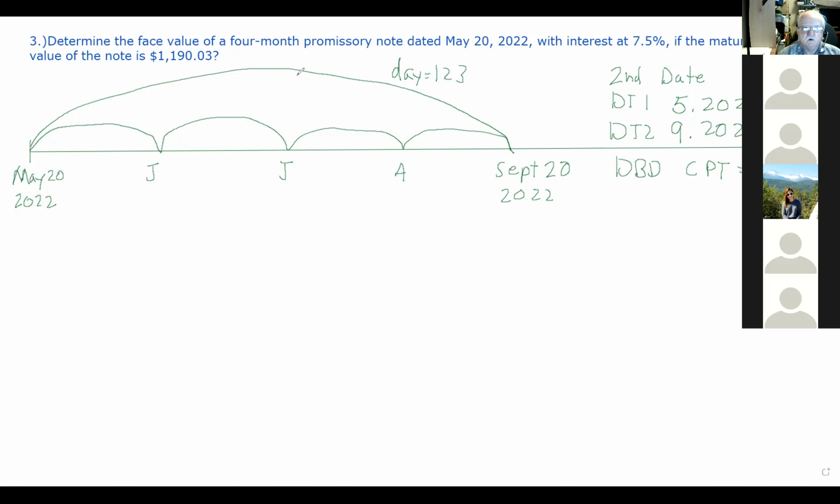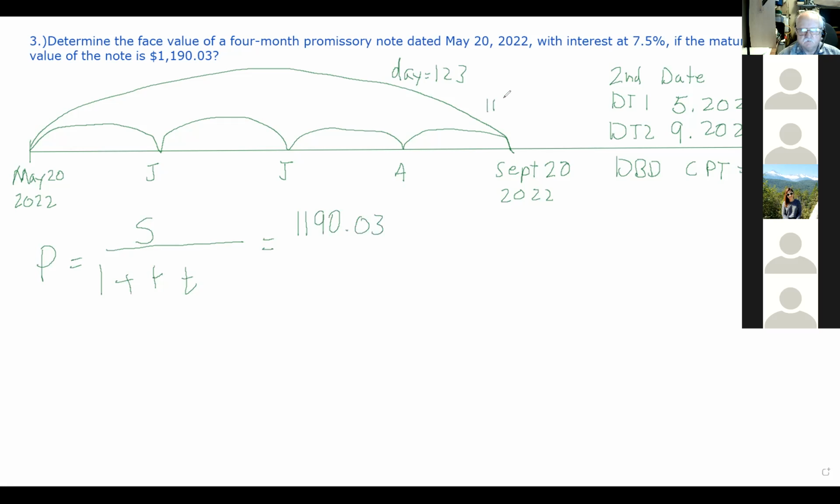So now we're going to find the face value. Instead of using our formula that moves money forward, we're going to move money backwards. So we're looking for the principal equals S over 1 plus RT. And they've given us the future value of 1190.03.